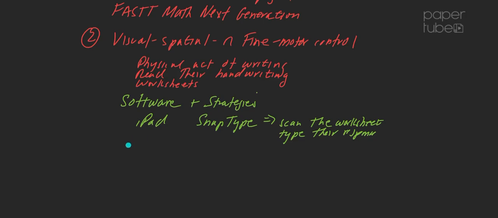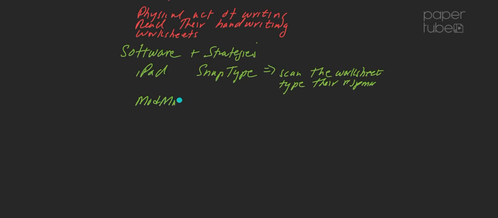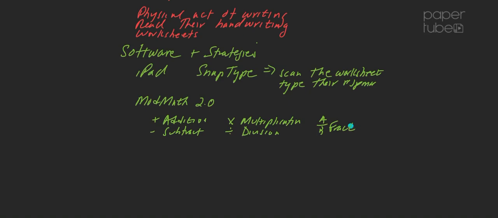Or some other approaches might be using something like Mod Math 2.0, which was actually designed by some parents who had a child who was very dysgraphic and who had difficulty doing math on paper. And Mod Math supports addition, subtraction, multiplication, and division, and fractions.